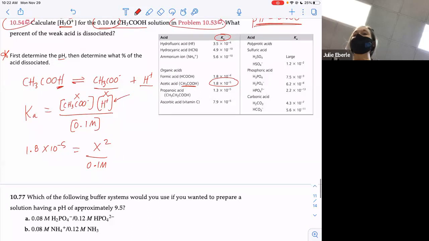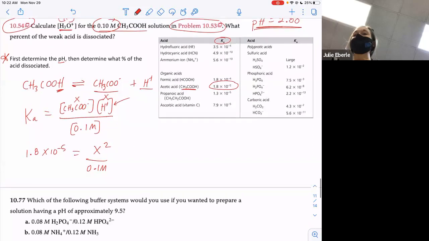Okay, so how do we solve for X squared at this point? Well, not first. First, I need to move my denominator, right? Cross multiply by 0.1. And then it cancels, so I'm just going to erase it. And then you take the square root. So the square root of 0.1 times my Ka value, all under the square root.